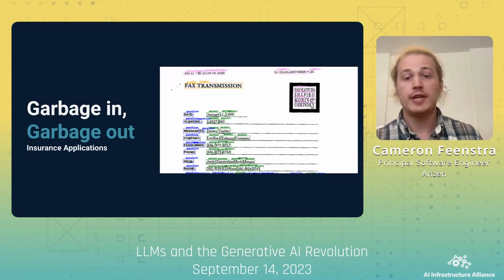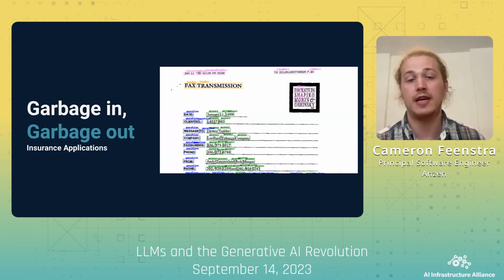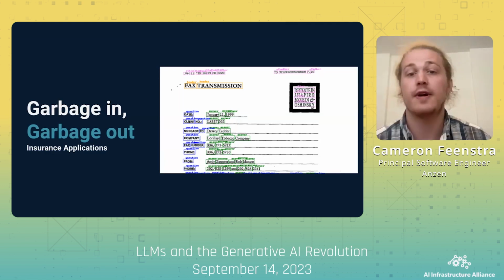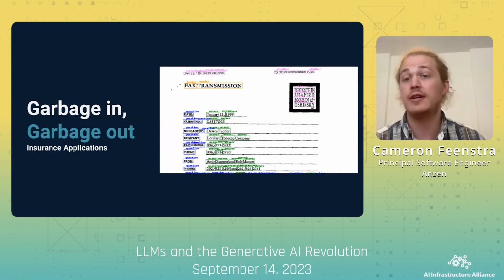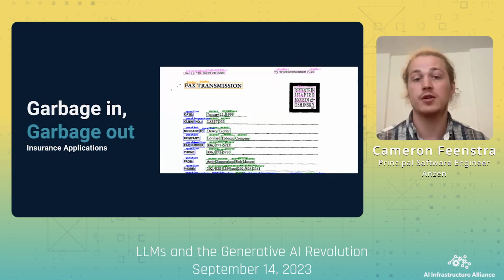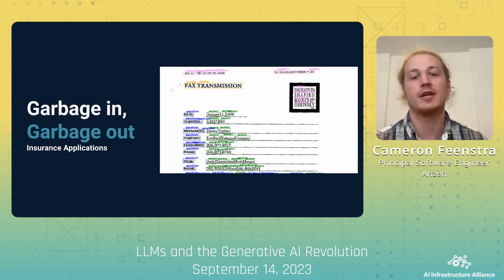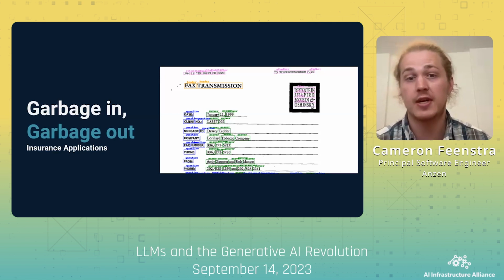And so what we did is we first used a model called LayoutLM to identify, within a particular insurance application, which sections are the questions and which are the answers. Obviously, this is not an insurance application, but this demonstrates the concept.